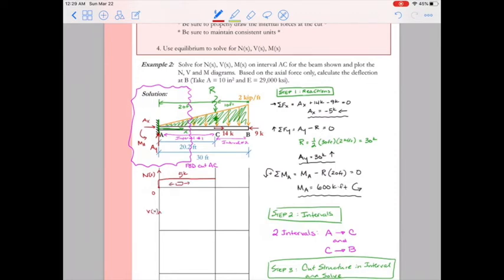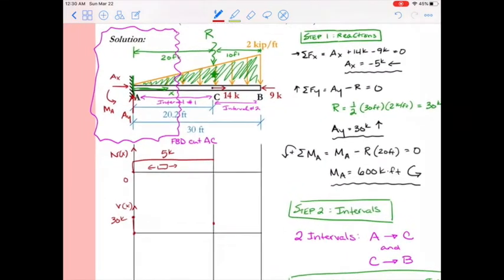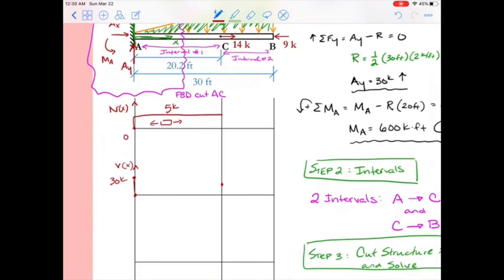Next, I'll add my shear. I said my shear force was 30 minus 1/30 x squared. So if I plug in 0 for x, that'll give me 30 kips. And now I need to figure out what it is at point C. Point C is at a value of x equals 20.2 feet.